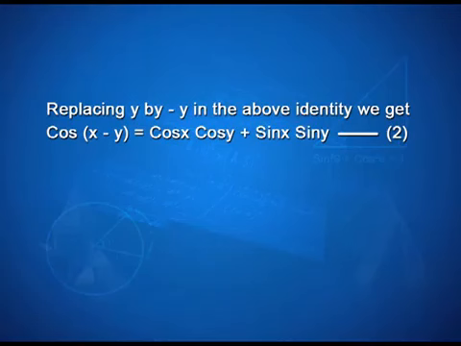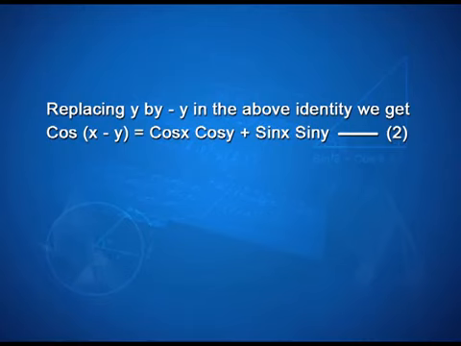Now, again by replacing y by minus y in the above identity, we get cos of x minus y is equal to cos x cos y plus sin x into sin y.